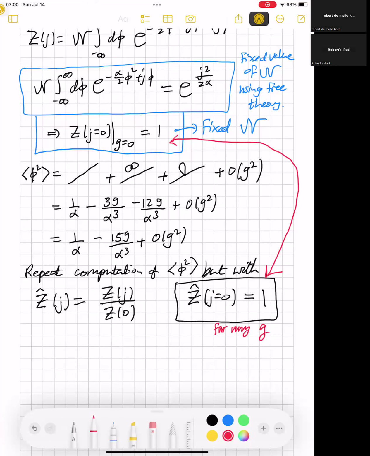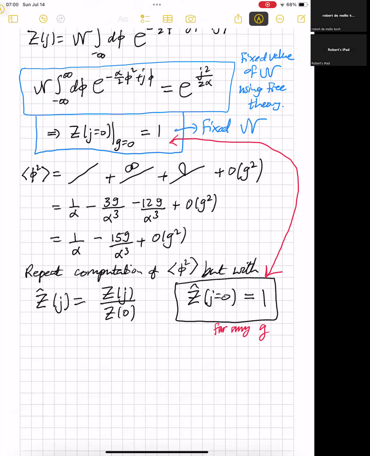And what does this correspond to? Well, what we've done is very, very natural. We're now going to define correlators, phi to the n, let's call this with a nu, as taking n derivatives with respect to j of z hat of j. And once we've done that, we'll set j is equal to 0.